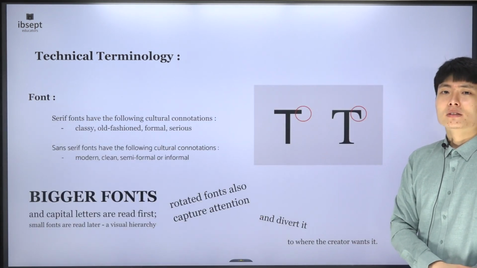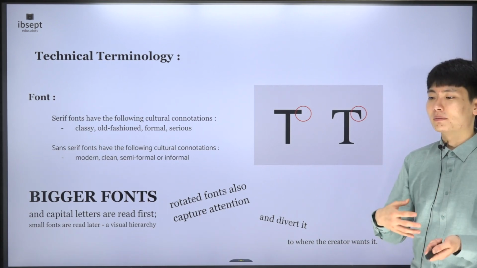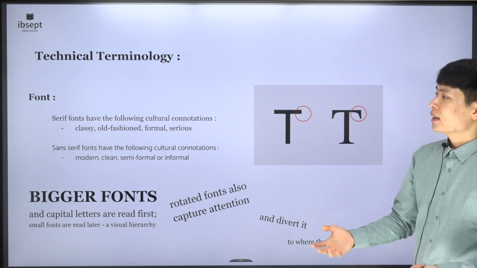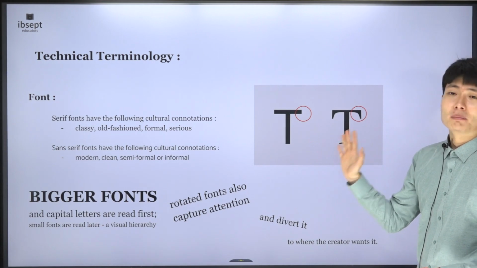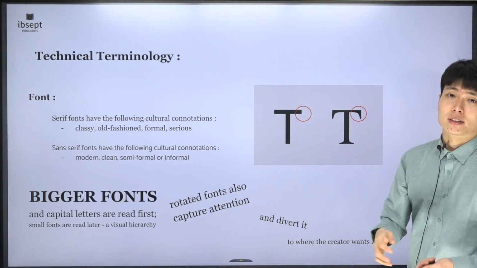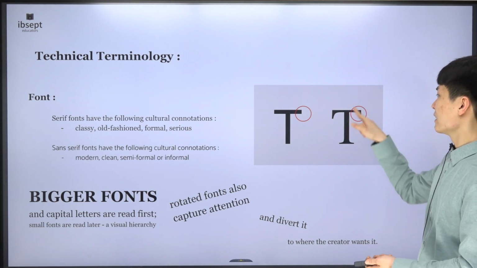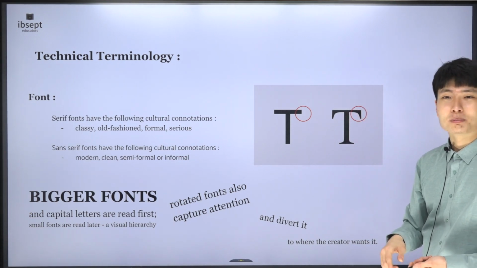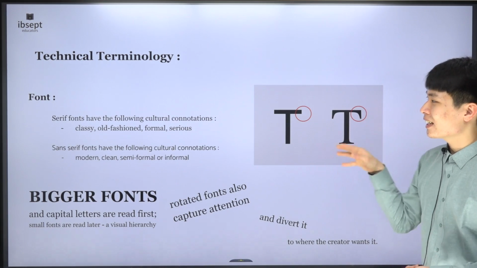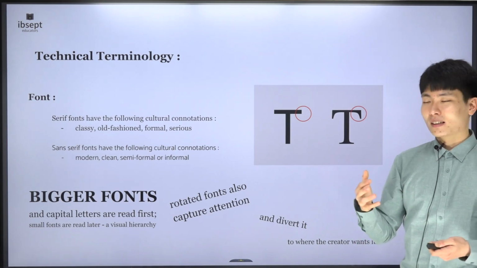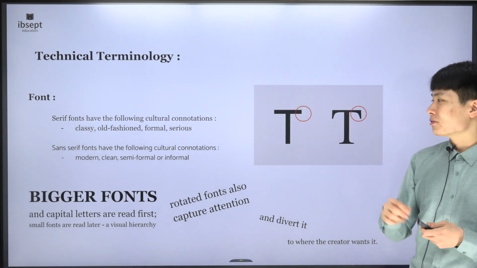We could also discuss fonts when it comes to visual sources. The big distinction that we need to make with fonts is serif versus sans serif. A serif font has these little sticky out bits at the edges of the letters, and they are, I guess, the more classical fonts.